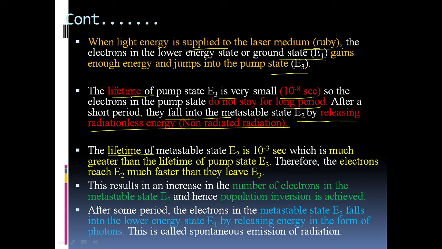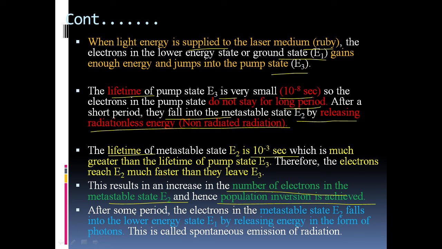The lifetime of the metastable state is quite larger as compared to E3. As a result, the number of electrons in the metastable state increases and a population inversion is achieved, which is the most important requirement for laser action.